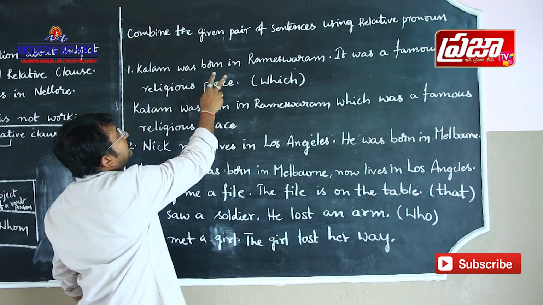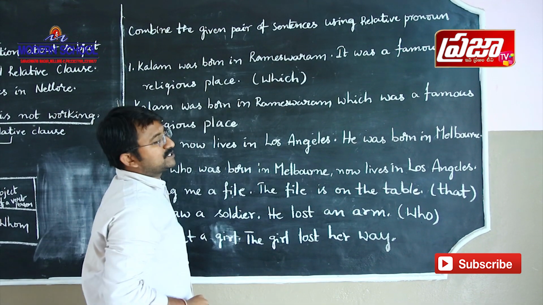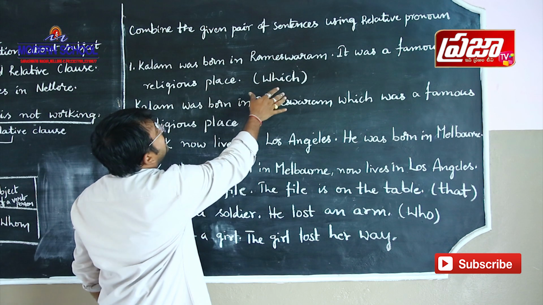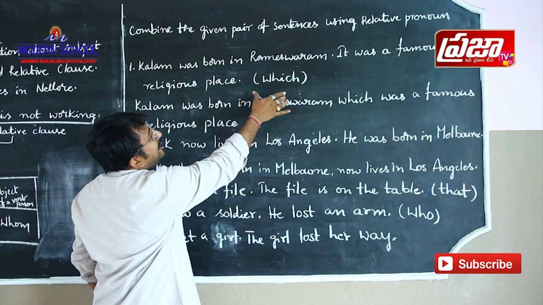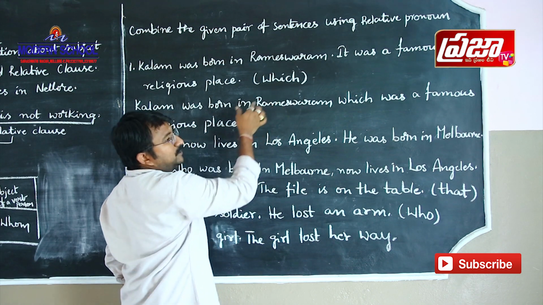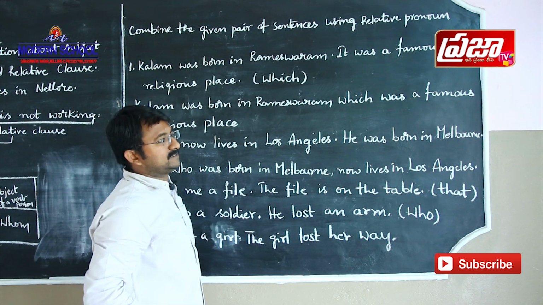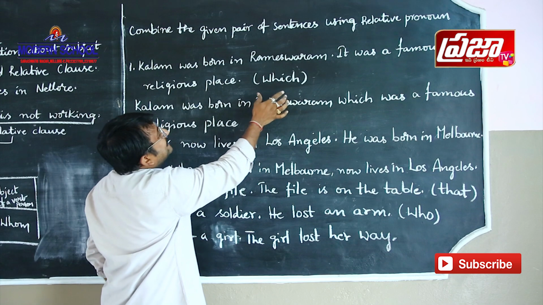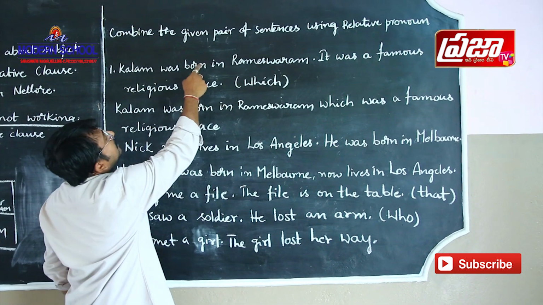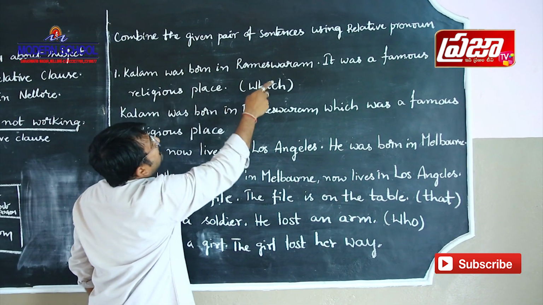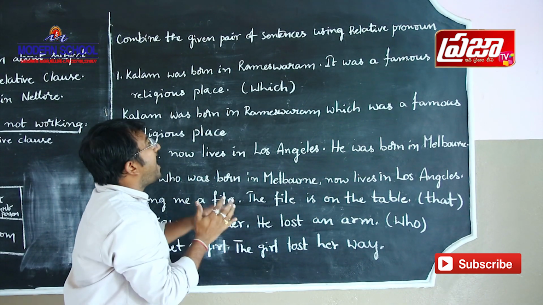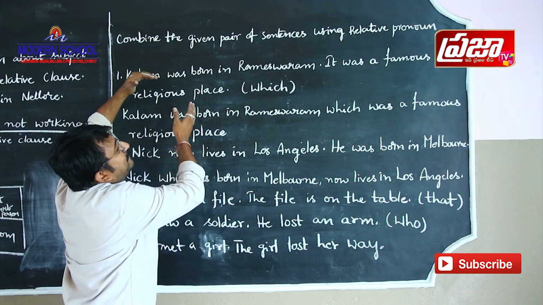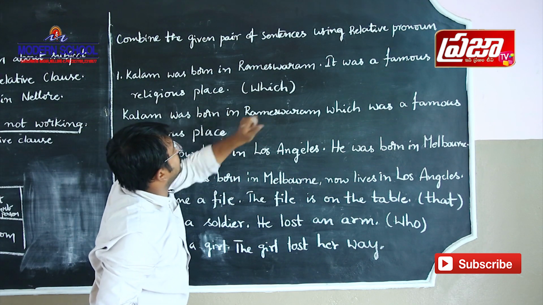So a pair of sentences is given in the question. And see here, in the brackets they will give you which relative pronoun you have to use to combine those pair of sentences. Here, what is the relative pronoun given? Which.